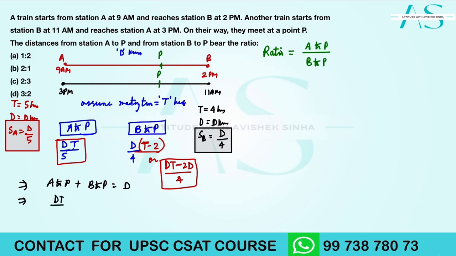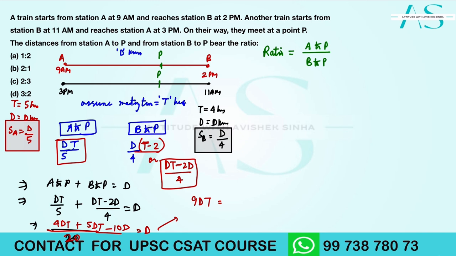So dt by 5 plus (dt minus 2d) by 4 is equal to d, or the denominator becomes 20, and then we have 4dt plus 5dt minus 10d is equal to d. And 9dt, taking the minus to the other side, this becomes 20d, and the minus goes to the other side, so plus 10d, which is 30d. And this d and d get cancelled out. t here is 30 by 9, which is 10 by 3. So I have the variable t.